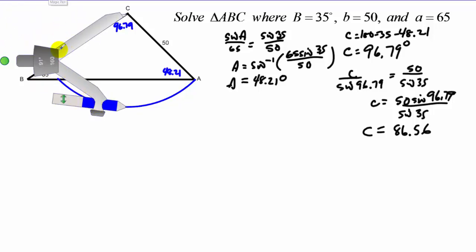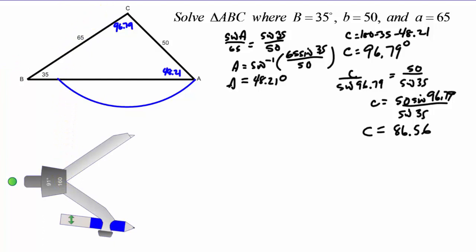So given that, what I know is that I can draw a line from that point to that new intersection and create another triangle such that I have a side of 65, a side of 50, because this dotted line is still 50 away because that's on the same arc of the circle, and an angle of 35.